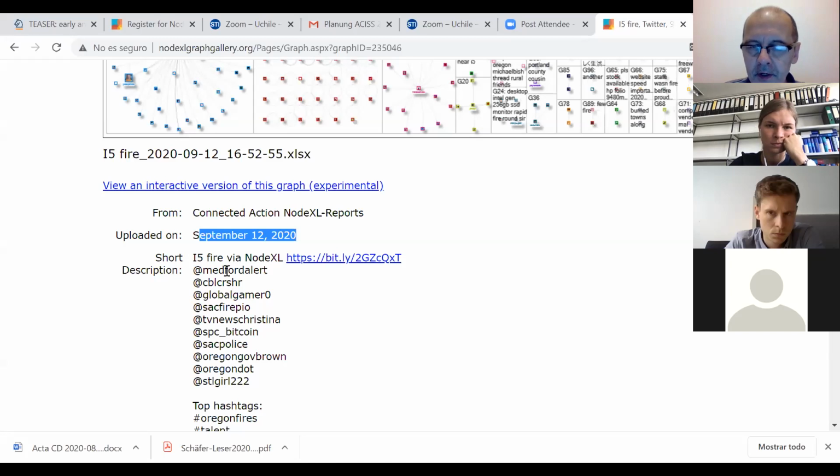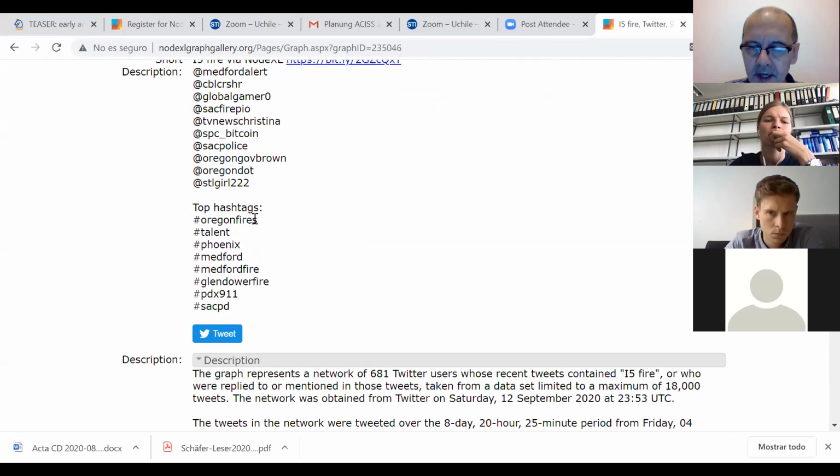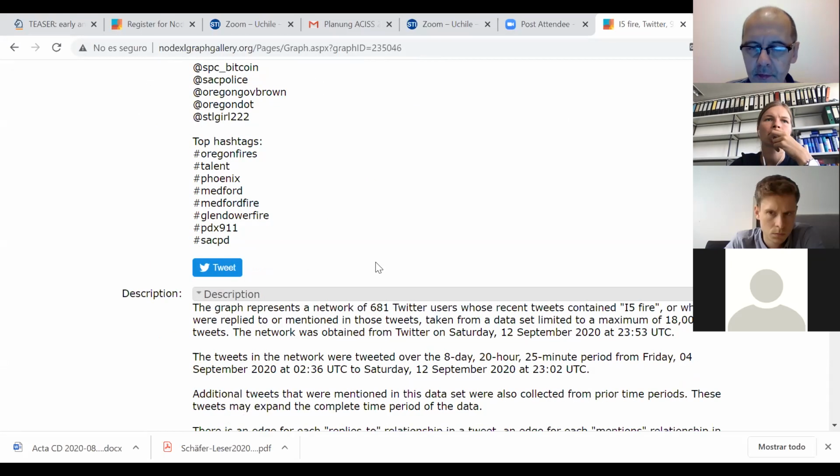That's why I put the image with the fire on the PowerPoint slide. There were Twitter accounts that mentioned the I5 fire in their tweets, and those are the most relevant accounts. Top hashtags: Oregon fire, Talent Phoenix, Medford fire, whatsoever.